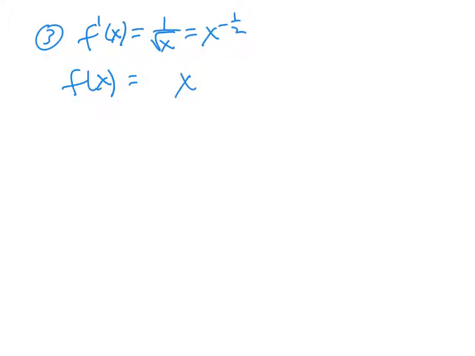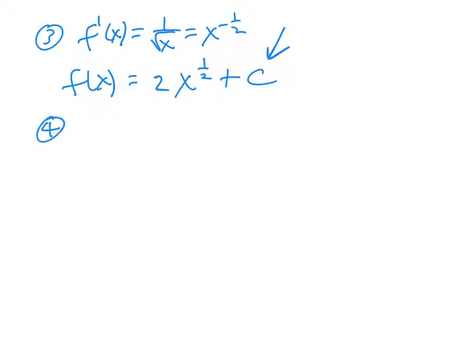So negative 1/2 plus 1 is 1/2. And then when you put the 1/2 in the front, we need to get a 1, so you need to have the reciprocal there, which is 2. And don't forget to put plus constant, because the derivative of any constant is 0. And don't forget to put the plus c, because that's going to cost you at least 1 point if you don't.